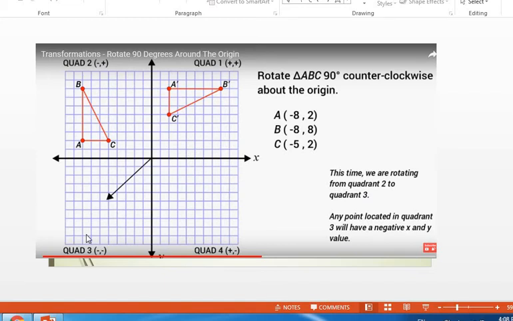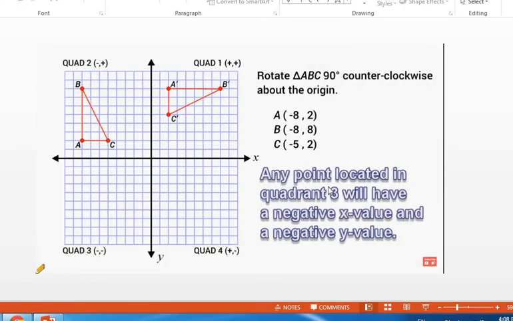Find out that quadrant 3 has negative and negative signs. In the x-axis it's negative, and in the y-axis it's negative, so it has two negatives. Any point located in quadrant 3 will have a negative x and negative y value.